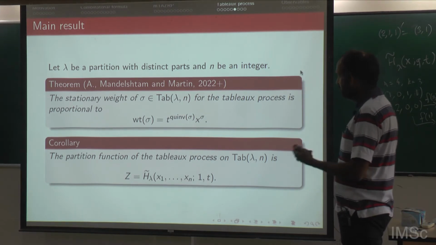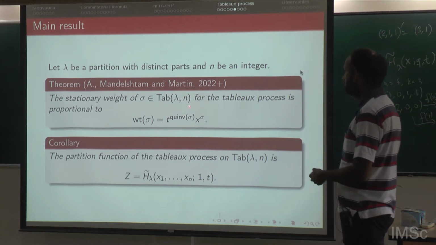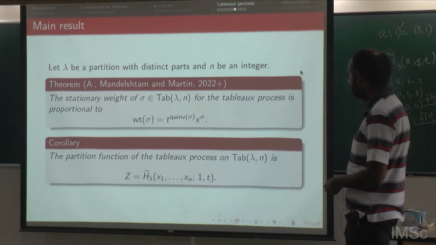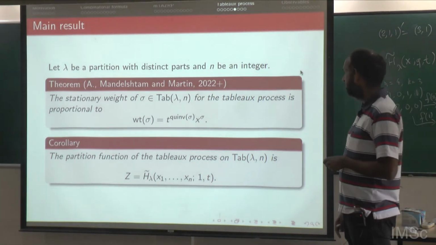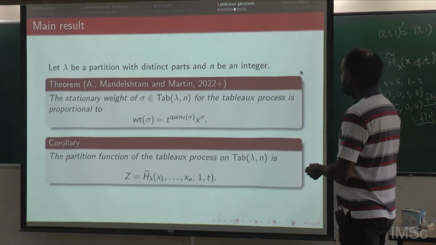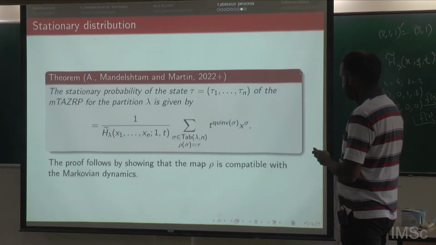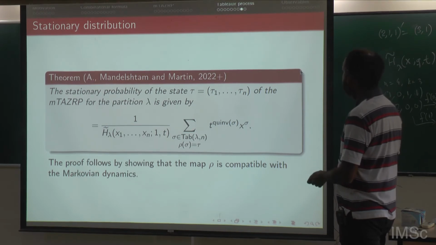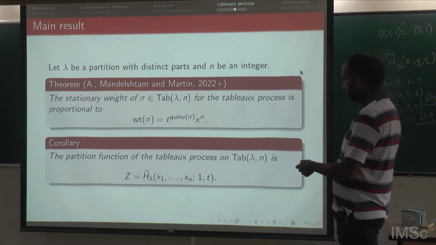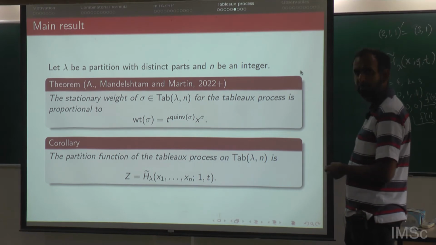And therefore, because of our previous result, the partition function, which is just the sum of these things, is just the modified Macdonald polynomial at q equal to 1. Okay? As I remind you again, our theorem works in general, but for now I'm only talking about distinct parts.